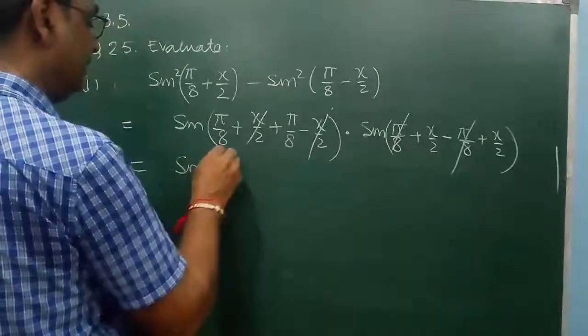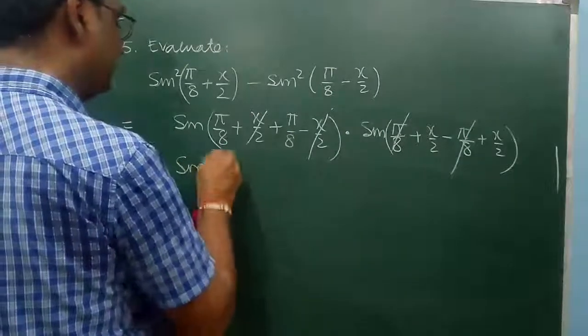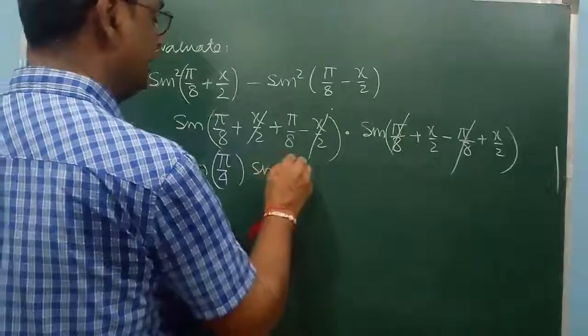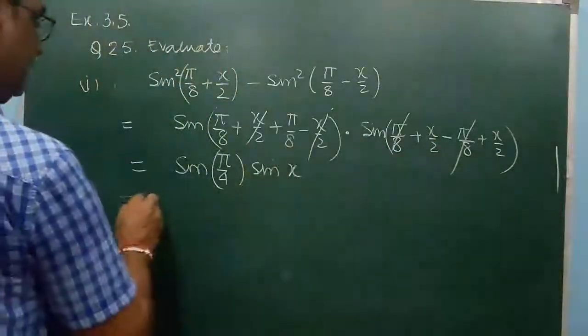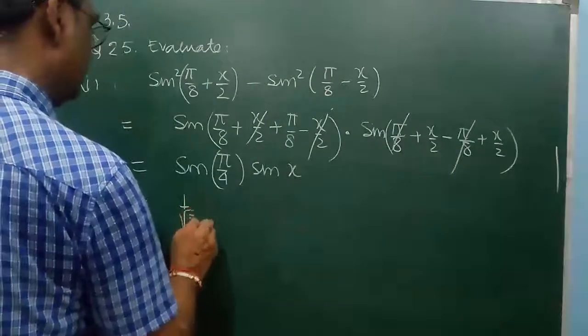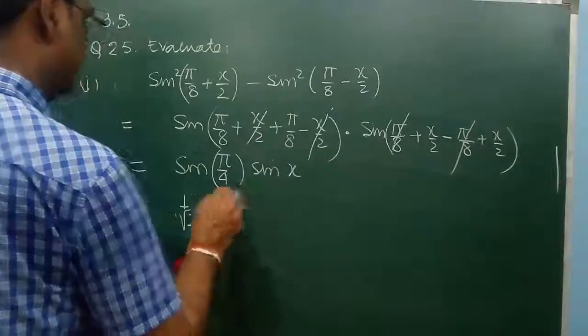So it is sin pi by 4 into sin x, 2x by 2, it will be x, and this is 1 by root 2 sin x.